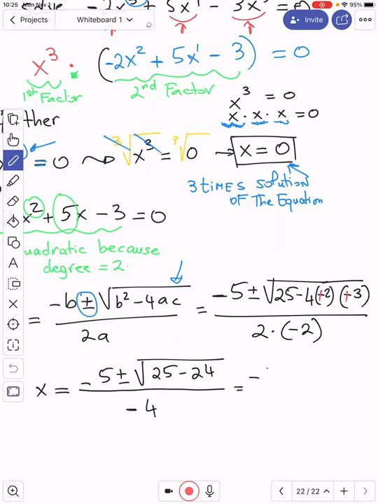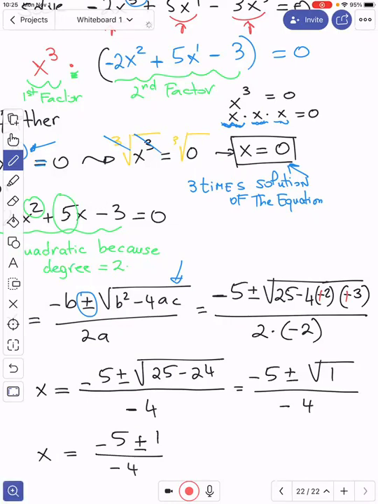So it's -5 plus or minus the square root of 25 minus 24, of course, that's the square root of 1, over -4. So then x is -5 minus or plus the square root of 1, of course, just 1, because 1 times 1 is 1. So plus or minus 1, the whole thing divided by -4.